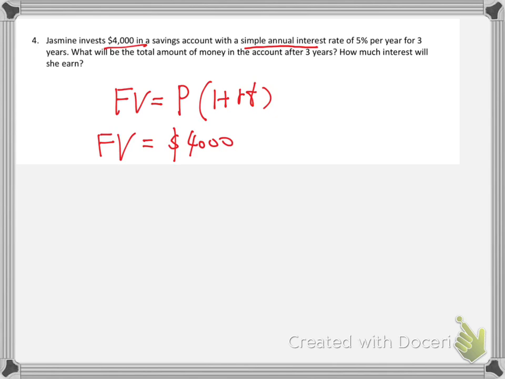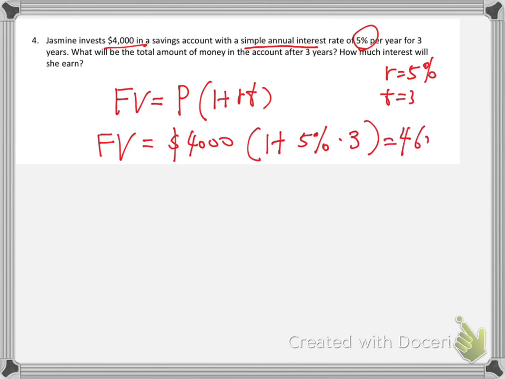You put $4,000 in the savings account, and then r is the annual interest rate, so this is 5%, and then times how many years? 3 years. So r is 5%, t is 3 years. Then you use a calculator, you got $4,600. So that's the future value. So now what's the interest? Interest will be the future value minus the principal.